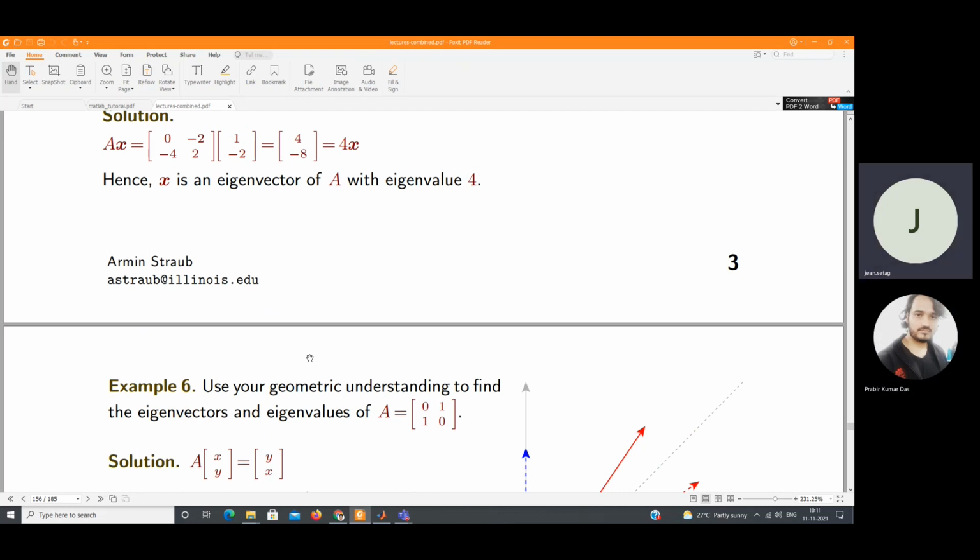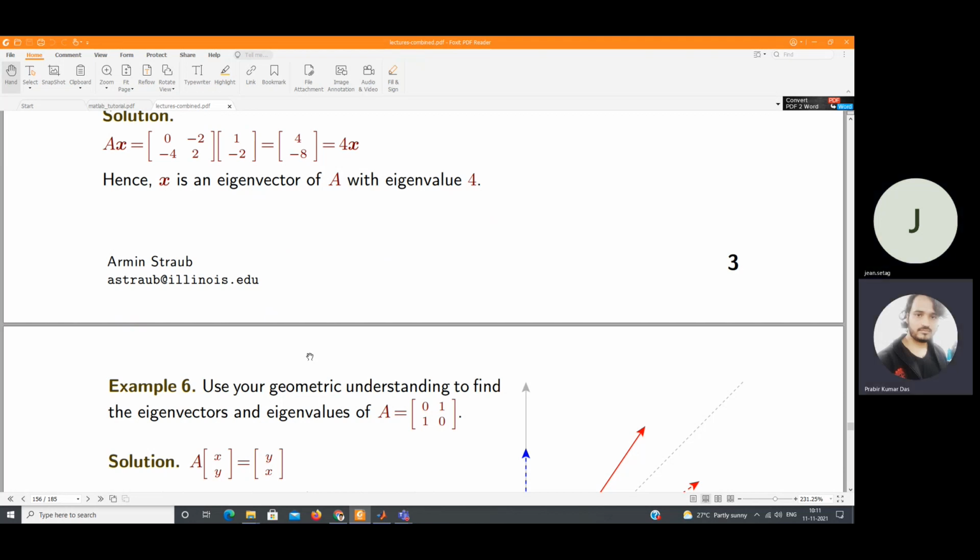No, what do you mean by an eigenvalue of a matrix? You are calculating the eigenvalue of a matrix, so what does it mean? What is the definition of eigenvalue? Can you please tell me the equation for how to calculate it? Suppose I am giving you a matrix capital A. How can you calculate the eigenvalue of it?